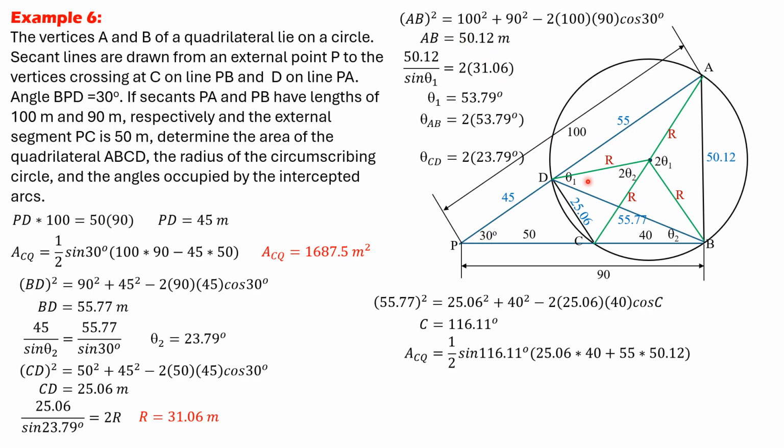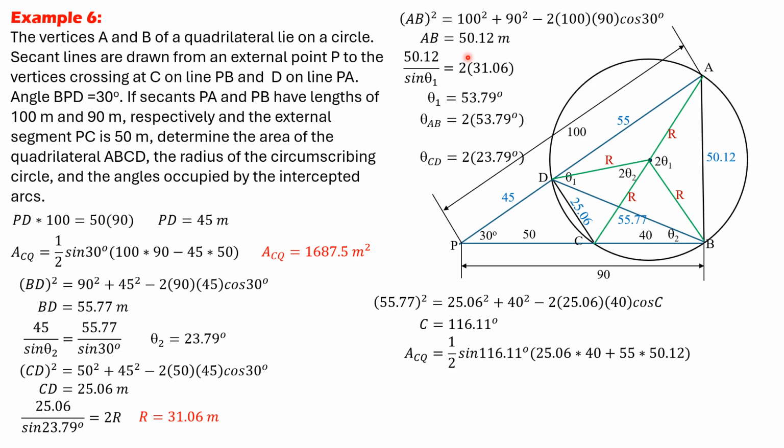So by cosine law to solve for AB considering PAB, AB square equals 100 square plus 90 square minus 2 times 100 times 90 cosine 30, so AB is 50.12 meters.